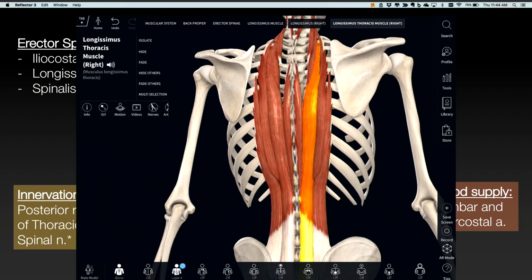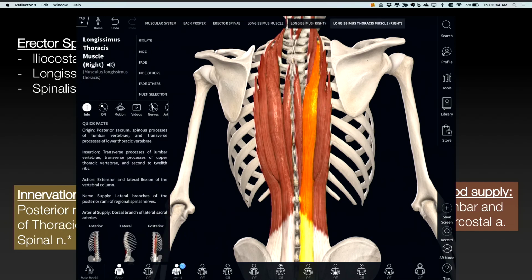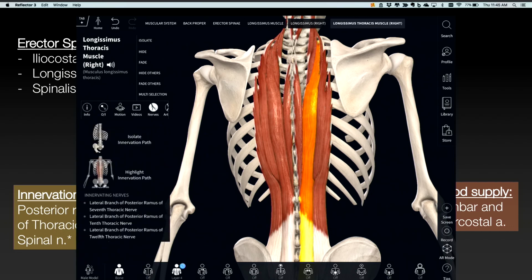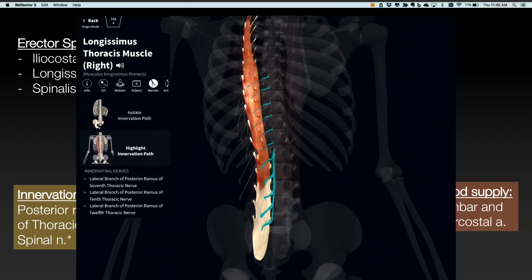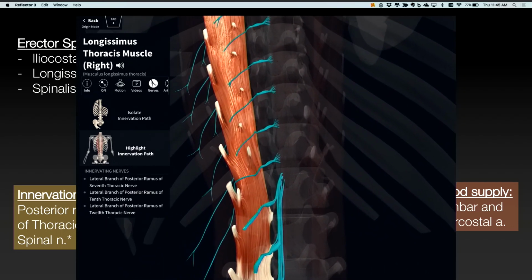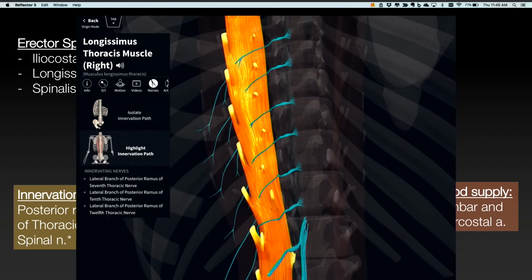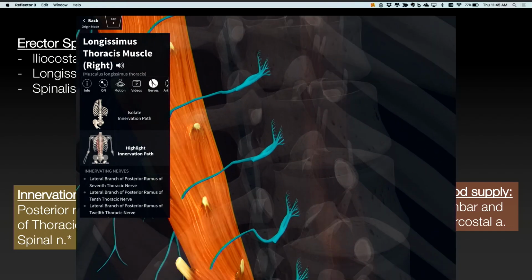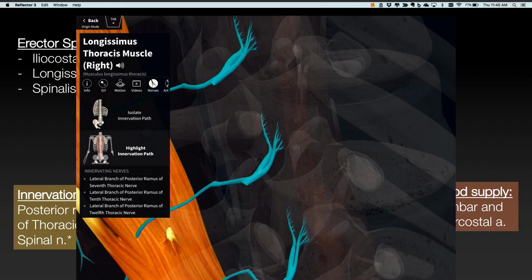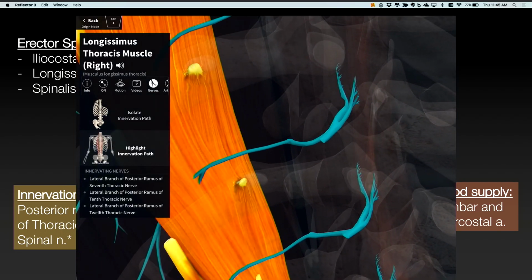Okay, so let's also use longissimus as our example for innervation and supply. Posterior ramus, there's a whole list, but in general, posterior rami. And let's take a look at what that looks like. So you can see here, highlighted in blue, all of the spinal rootlets that combine to make spinal roots, that make spinal nerves, and as they exit the vertebral column, they split to make anterior and posterior rami.